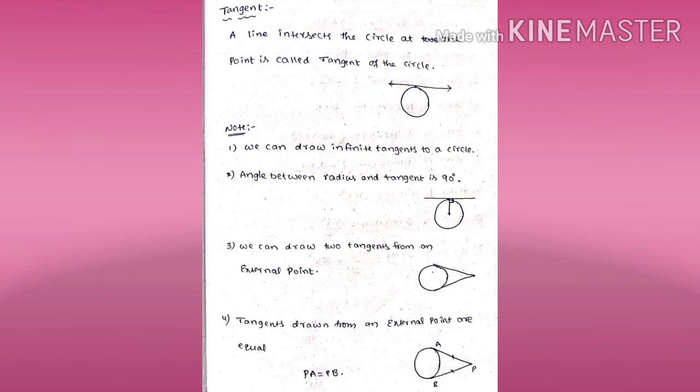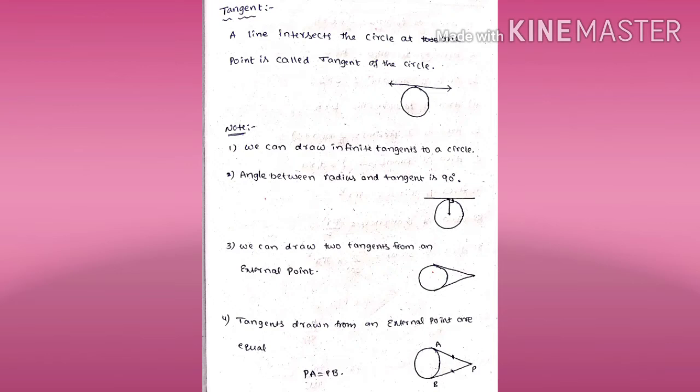Point number 2, the angle between the radius and the tangent is 90 degrees at the point of contact. Third, we can draw two tangents from an external point to a circle. And the fourth one, the two tangents drawn from an external point are equal.